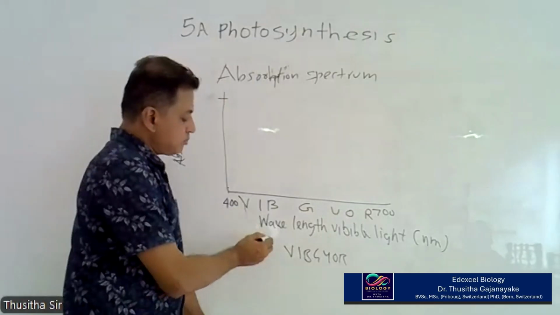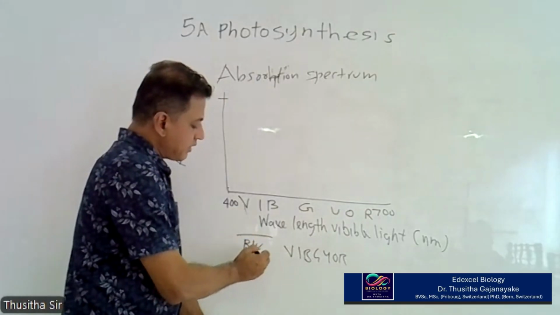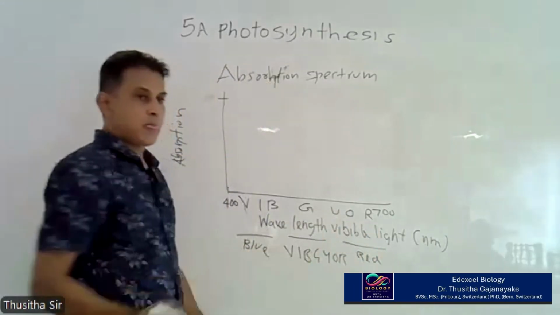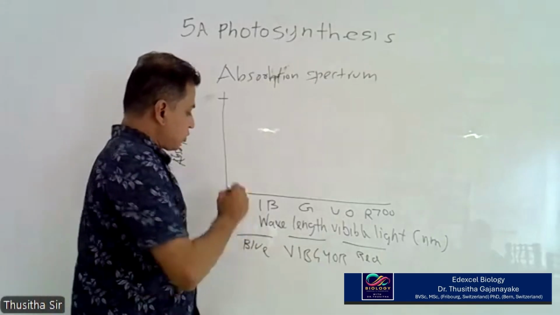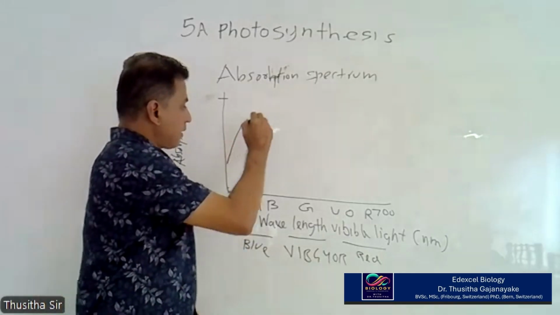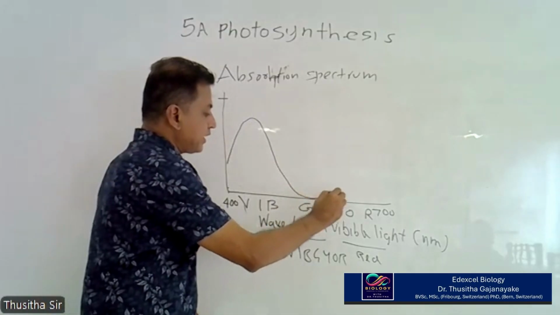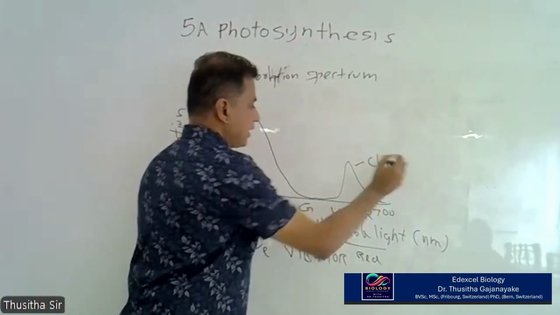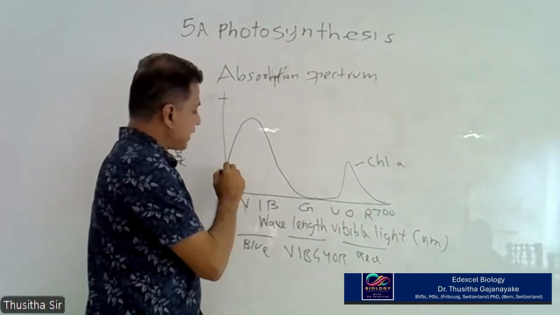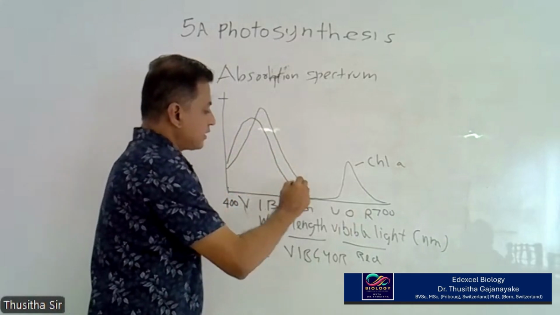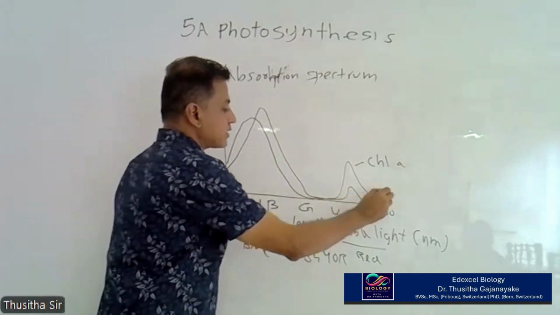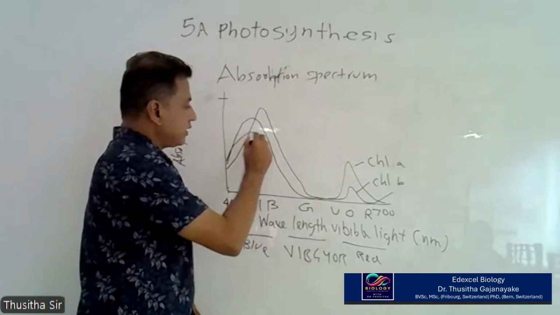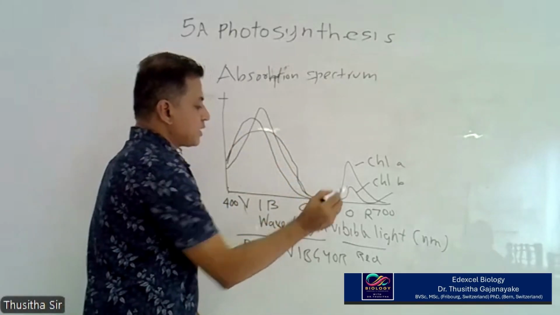So this is maybe the blue color area, that's the green color area, and that's the red area. Chlorophyll A can absorb here, and nothing much here, and again here; this is chlorophyll A. Chlorophyll B can also absorb light here, and so that's chlorophyll B. And carotenoid just absorbs here and nothing much here.